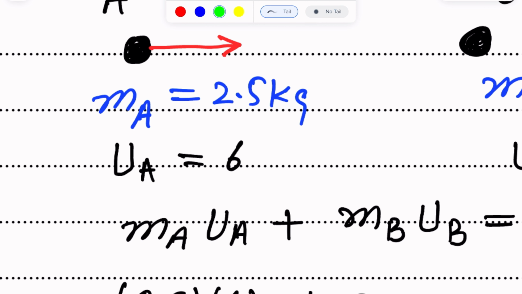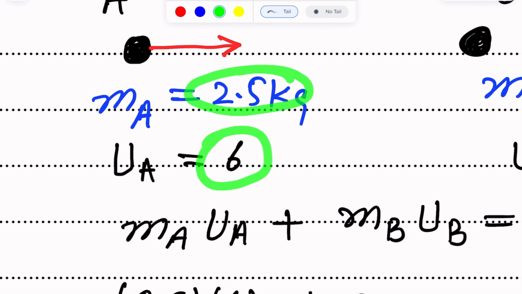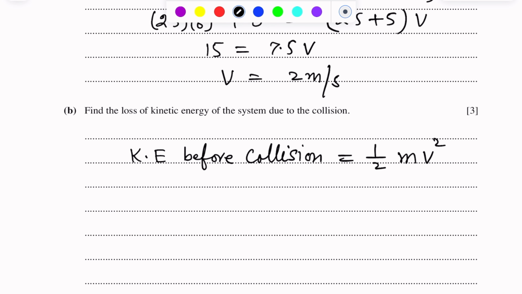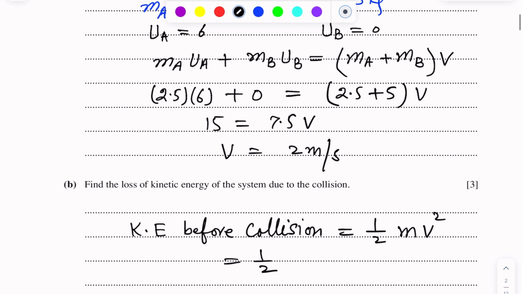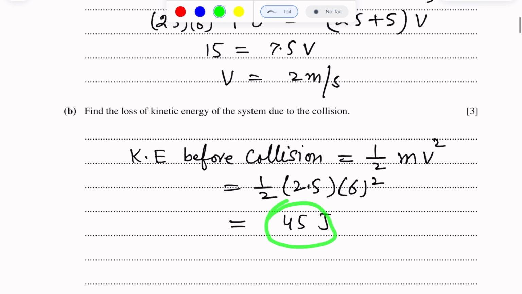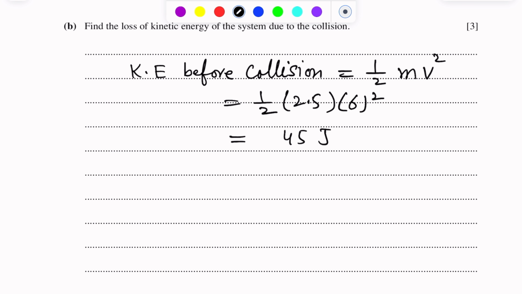The speed of particle A is 6 and mass is 2.5. Before collision, kinetic energy will be 1 over 2 into 2.5 into 6 square. After calculating, we get 45 joule. This is kinetic energy before collision, and now we will find kinetic energy after collision.